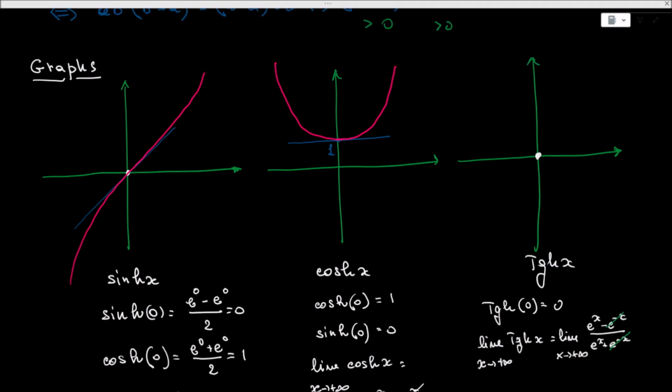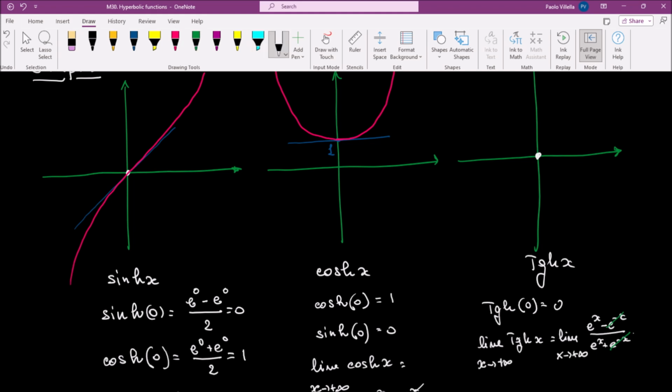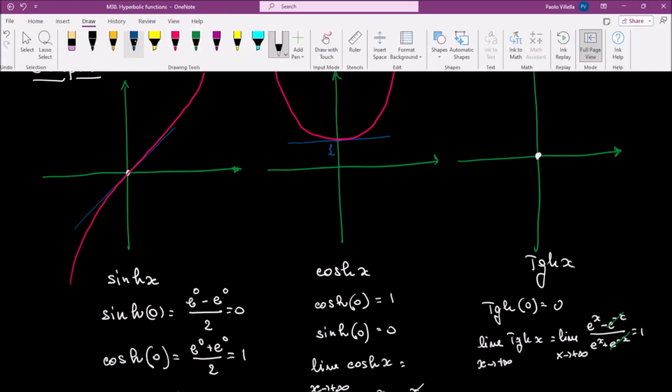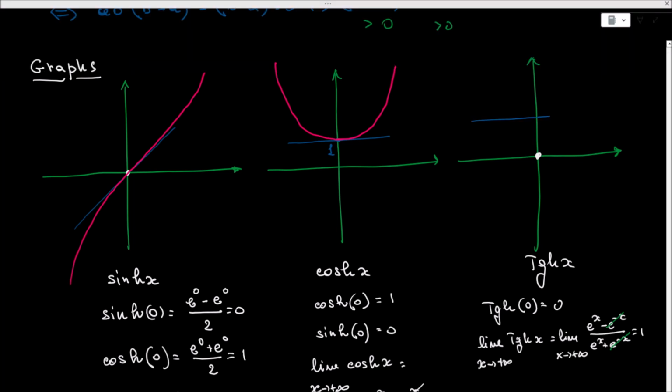They don't count when x gets larger and larger. So this limit is simply equal to 1. Okay? So we can draw this line, and we see that if this is 1, the function will get closer and closer to 1 when x goes to infinity.